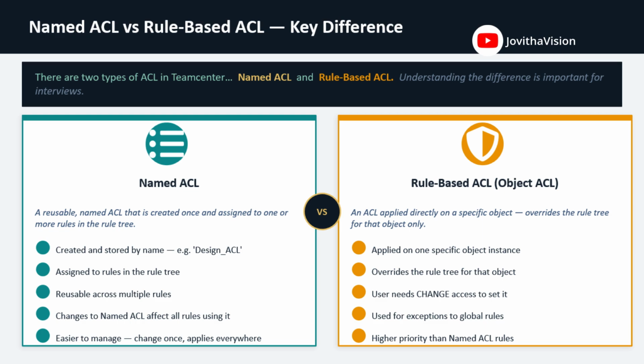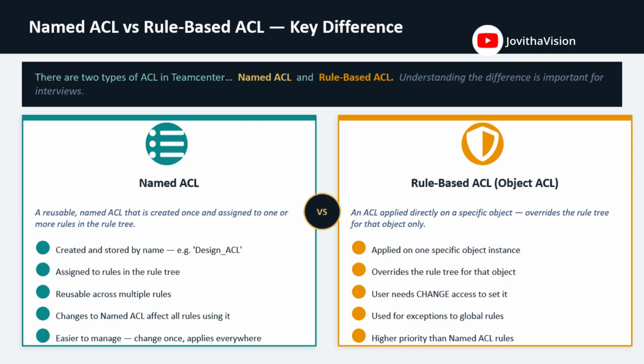Globally, reviewers can only read an item revision, but for one special item revision, you want a specific reviewer to also have write access. In that case, you put a rule based ACL directly on that specific object, and that rule based ACL overrides the global rule for just that one object.